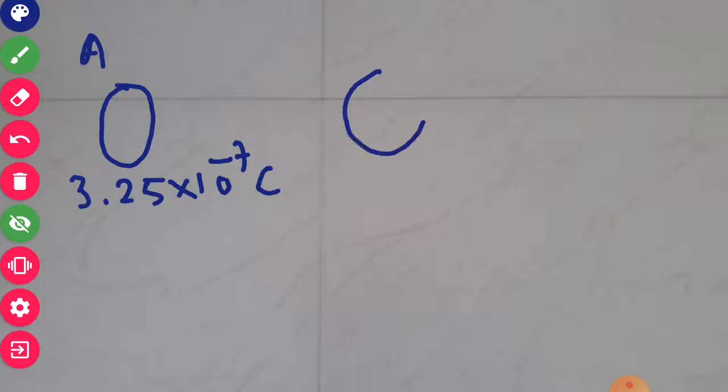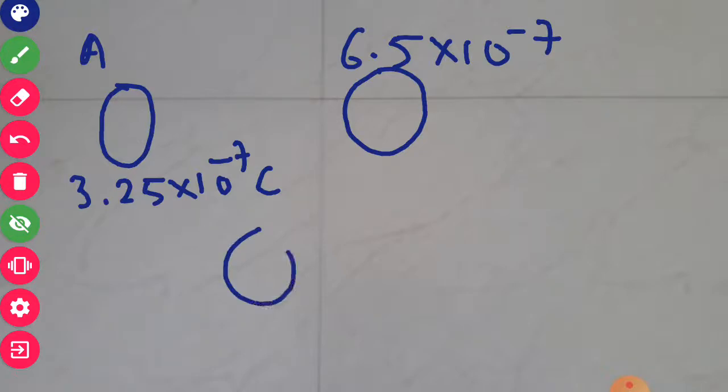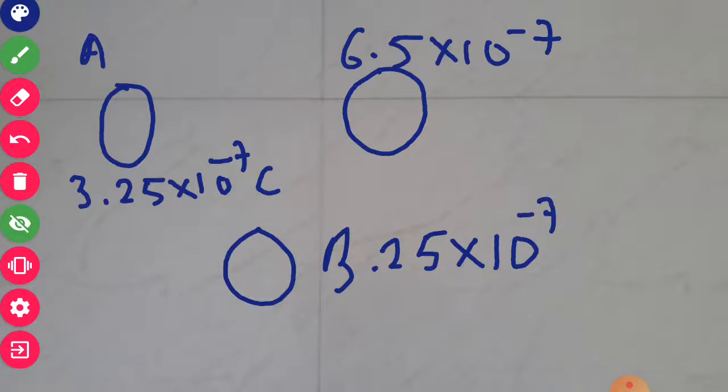B is not brought in contact with anything, so B is having total charge, that was 6.5 into 10 raised to minus 7. Now C is having the half of the charge of A. How much is it? 3.25 into 10 raised to minus 7 coulomb.